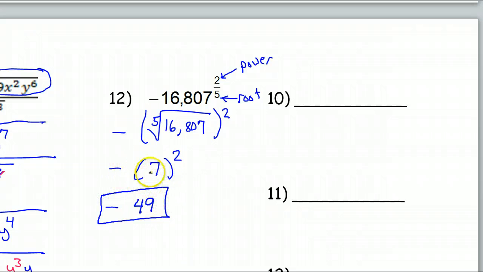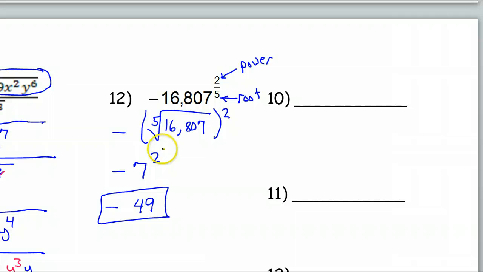A common mistake is to go, oh, I'm squaring things, so it's going to turn positive. No, the negative is not inside the parentheses. It is going to stay out front. And just to be extra clear, even if I didn't have these parentheses at all, if I just had negative 7 squared like this, this would be negative 49, not positive 49.